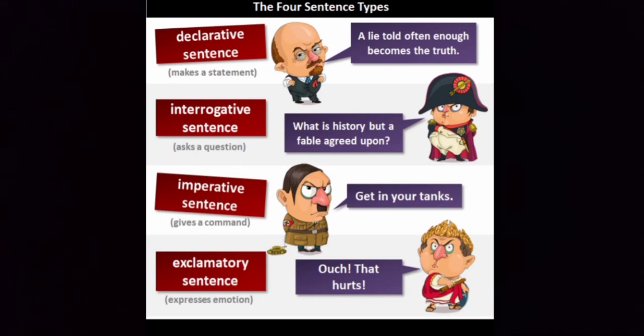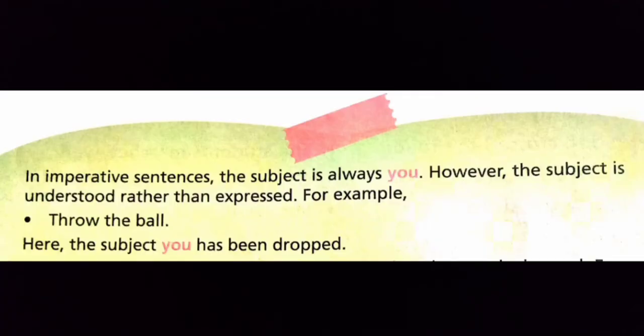Now let's see how we can find out the position of subject and predicate in imperative sentences. In imperative sentences, the subject is always you. However, the subject is understood rather than expressed.